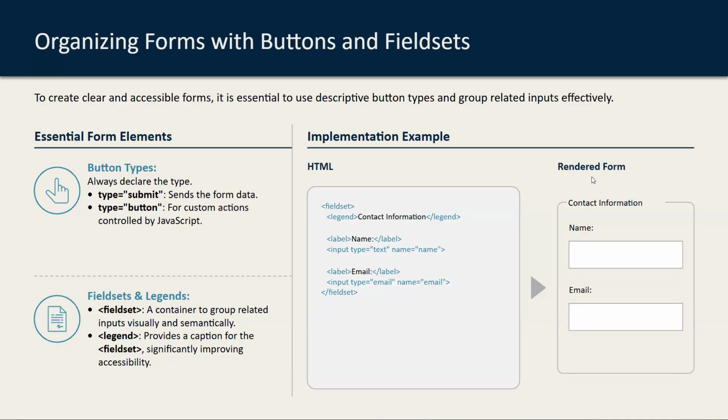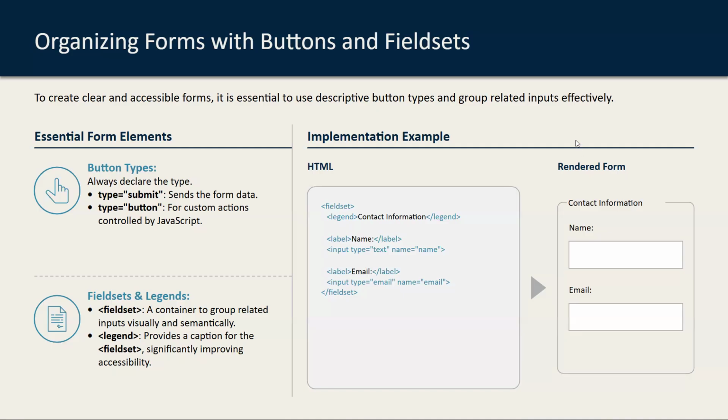So let's take a look at buttons. Whenever you use a button element, you should always declare the type explicitly. Some of those types involve submit, which is used when the button should send the form data, while the type button is for custom actions which can later be controlled by JavaScript.